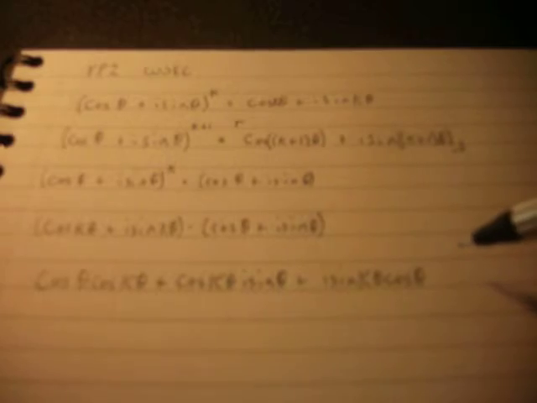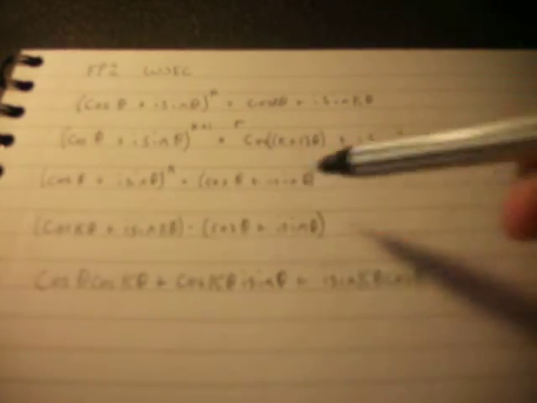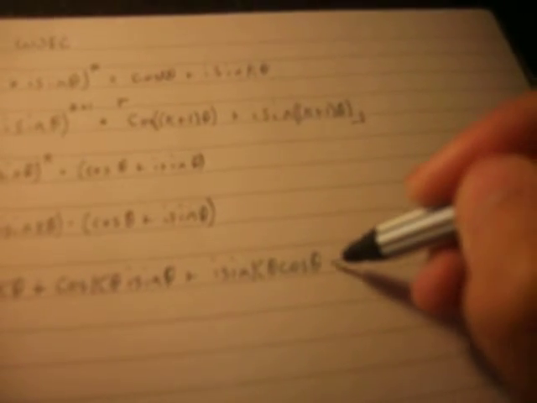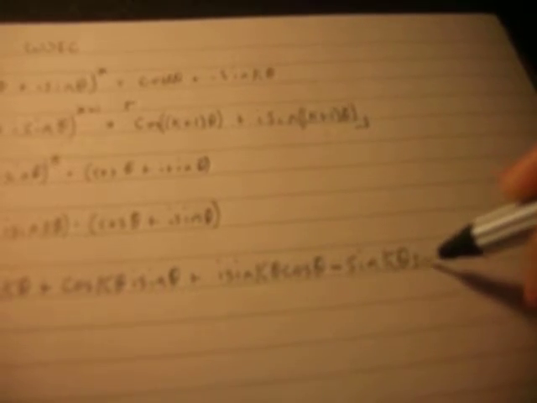And now this last one is a minus because we have i times i, and that's the basic rule of what complex numbers are, that i squared is equal to minus 1. So minus sine k theta sine theta.